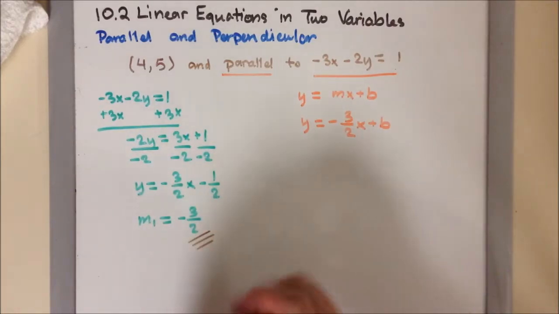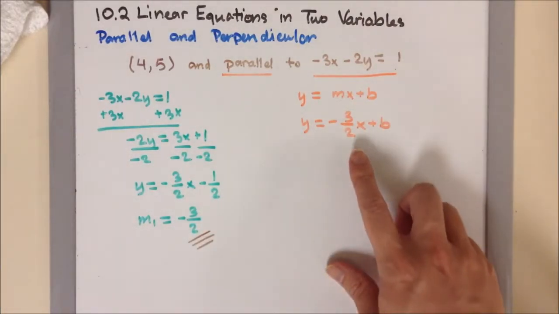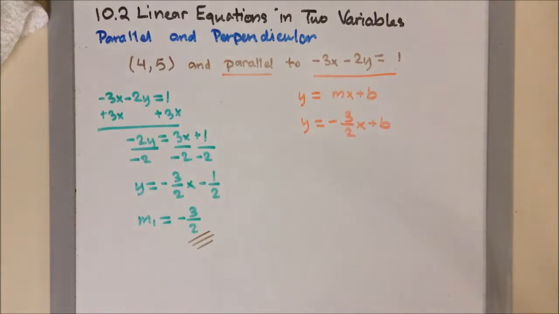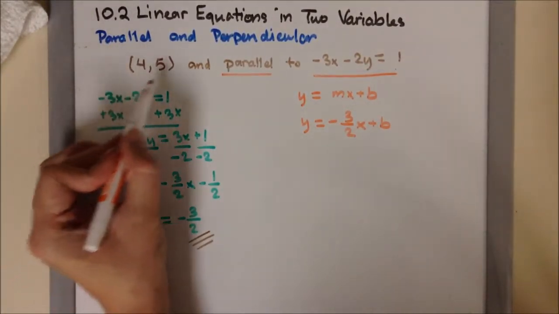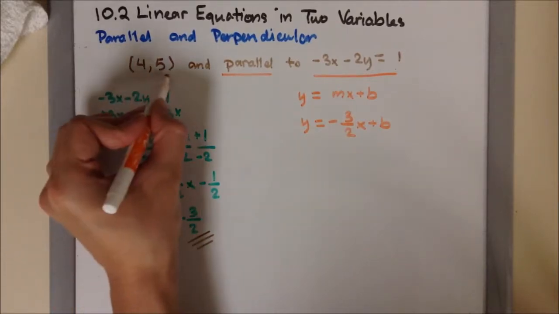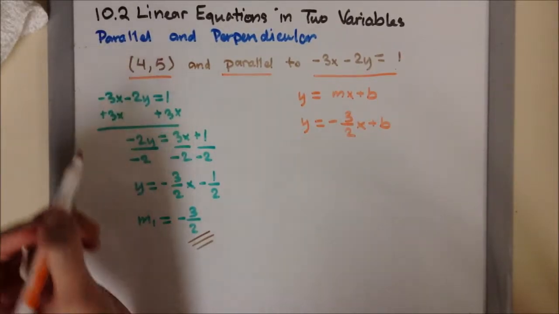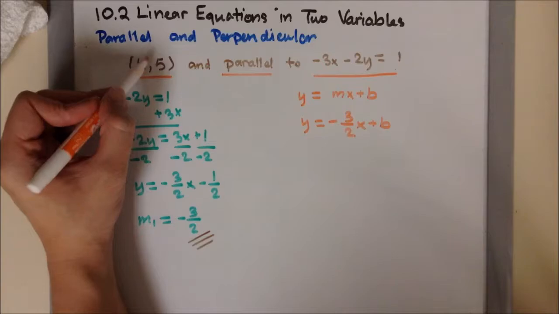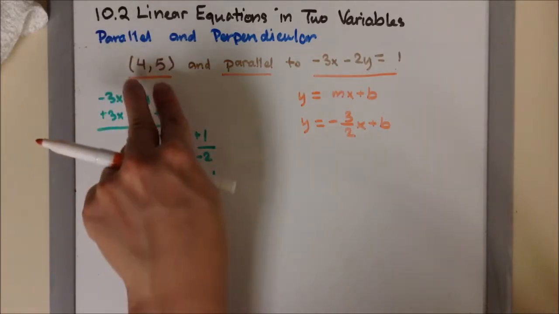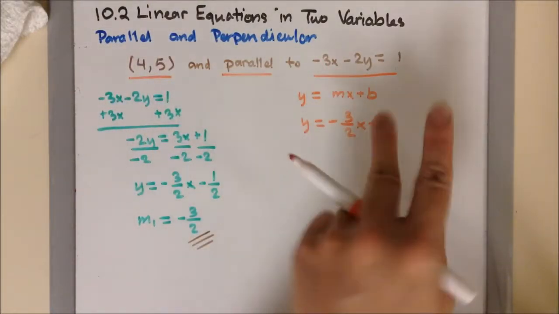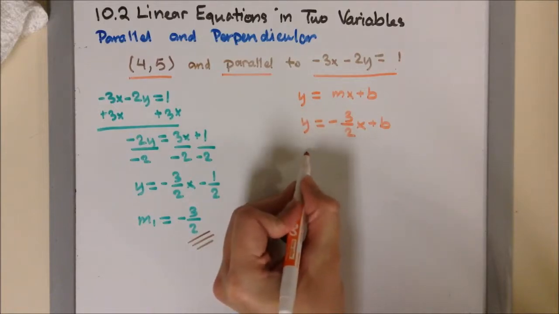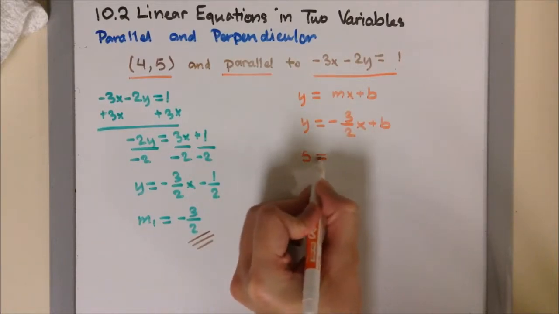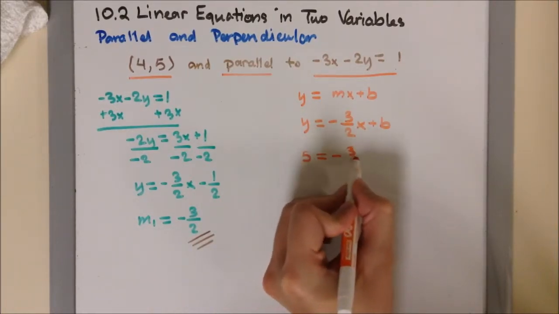When we're making a new equation, we're going to make it with a new y-intercept. In order to produce that, I'm going to use this corner point right here, (4, 5). My x is 4, my y is 5. So I'm going to plug these numbers into this linear equation: 5 into y and 4 into x.